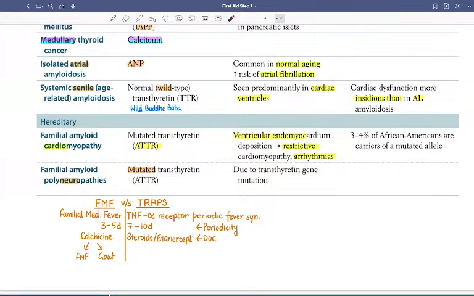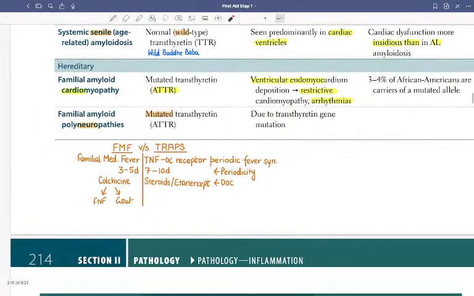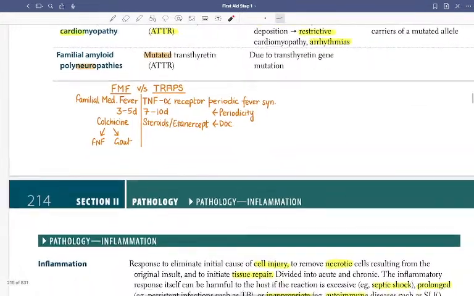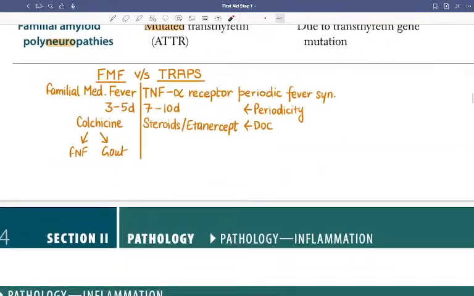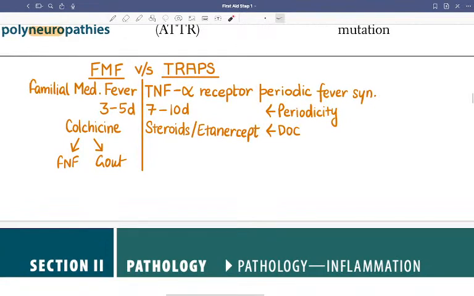Next, this difference of FMF and TRAPS, important. Familial Mediterranean fever, 3 to 5 days. Colchicine basically is the drug for familial Mediterranean fever and gout.